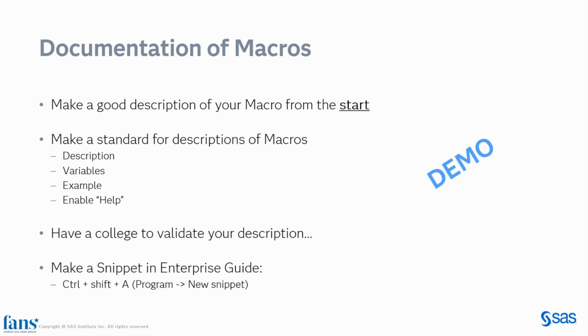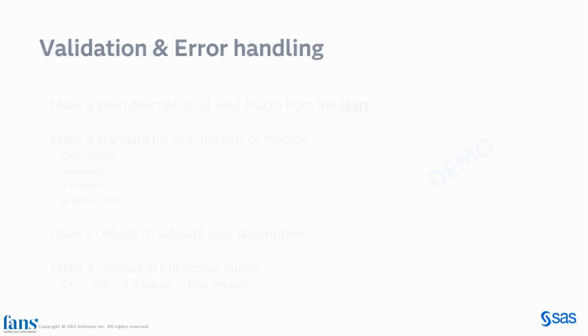So we had this one, we had this, we had the snippets, we had shown this. Validation and error handling. How should macros handle errors? Do you know what is happening when a macro sees an error? First of all, what is a macro in its sense?